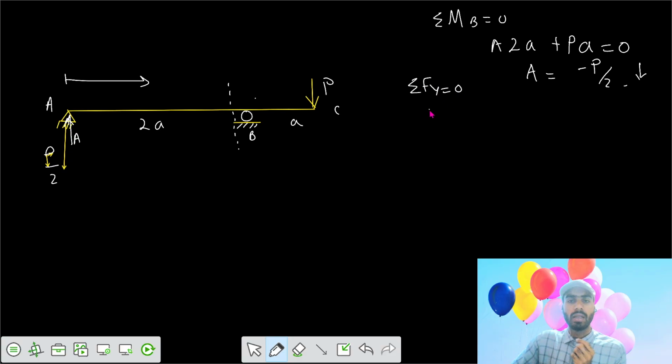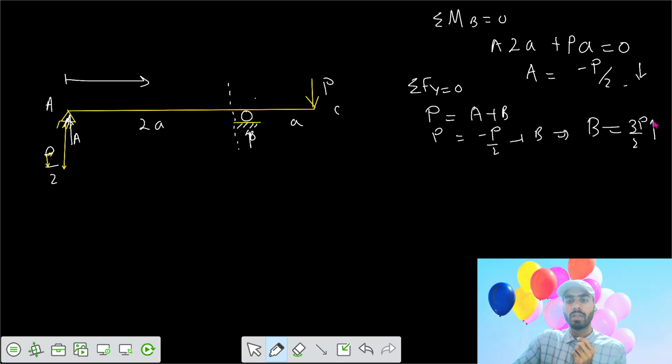P is acting downwards, that equals A plus B. Say the reaction is upwards B, then P equals A, value of A is minus P by 2, plus B, that means your B value equals to 3P by 2 upwards.